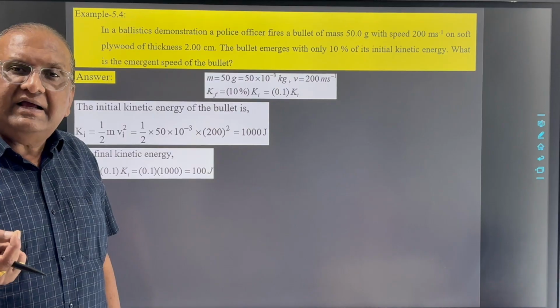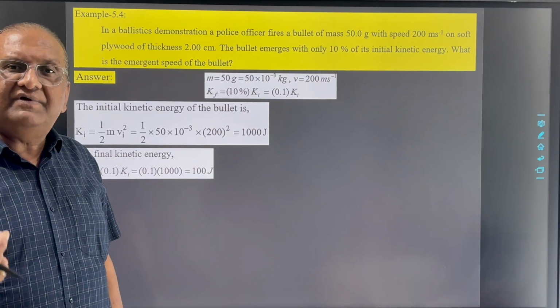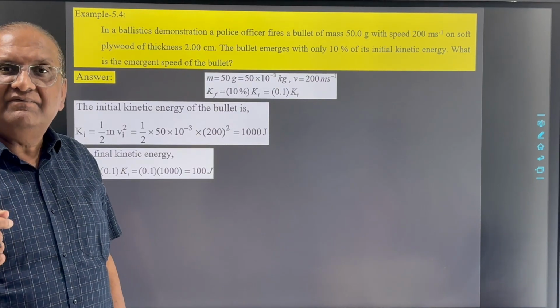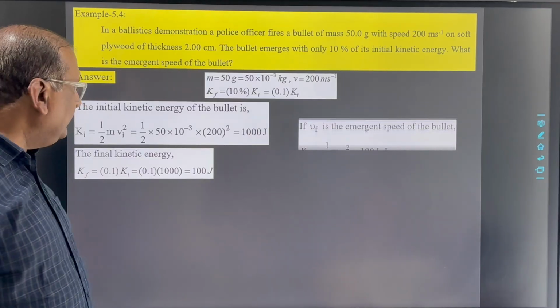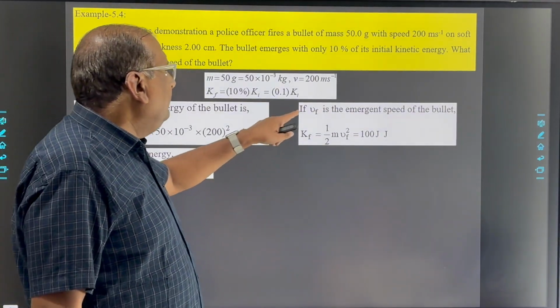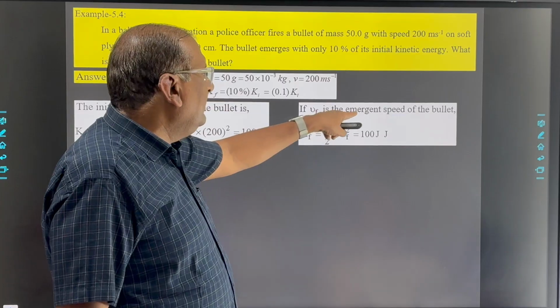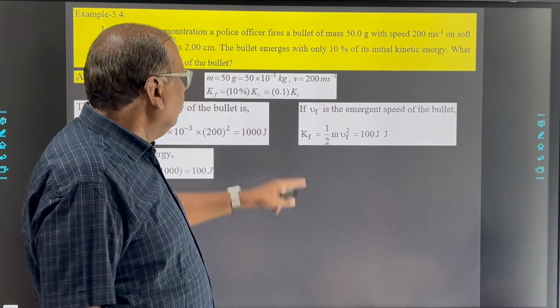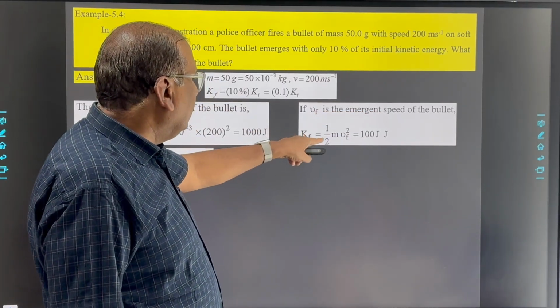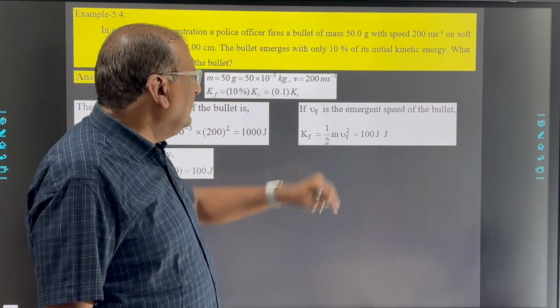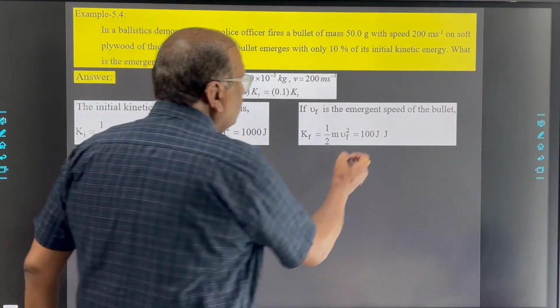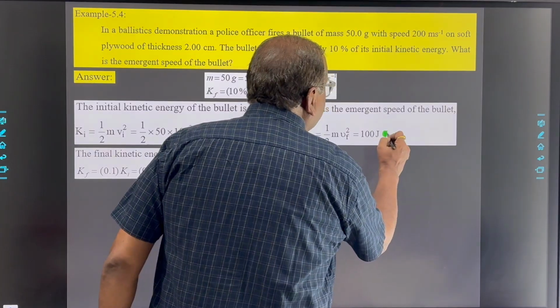Now final kinetic energy is half m vf squared, where vf is the final speed. So if we take vf as the final or emergent speed of the bullet, then K final is half m v final squared, and that is equal to 100 joule, which we already calculated.